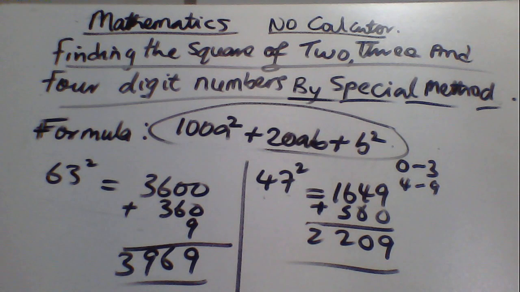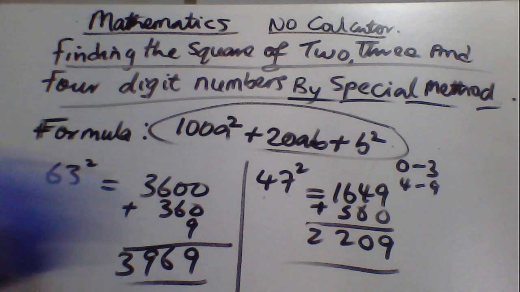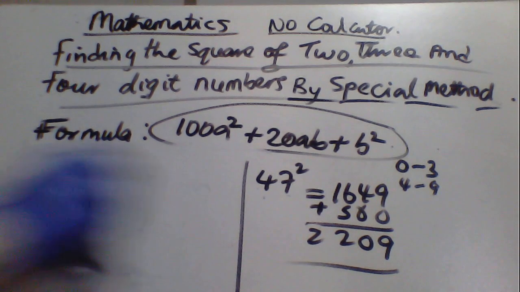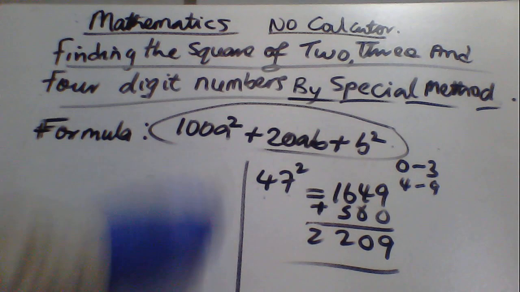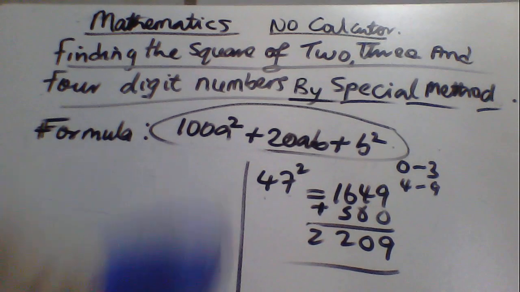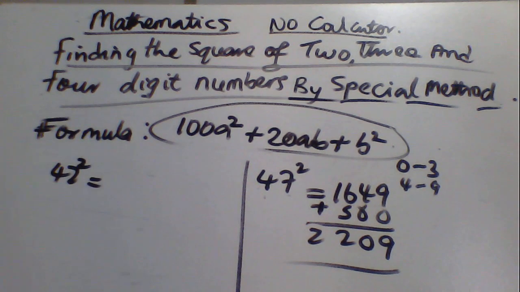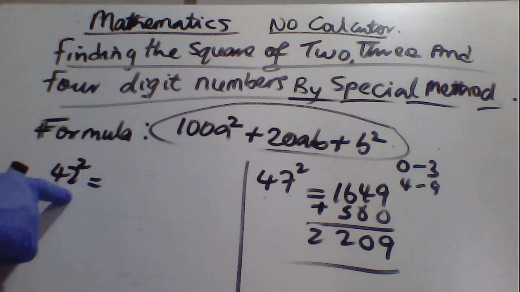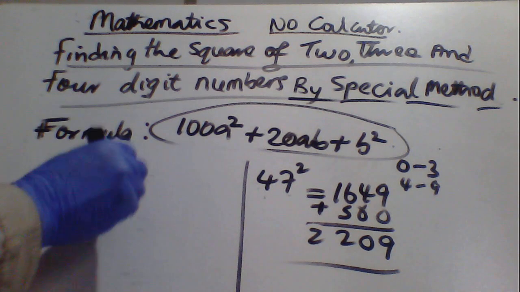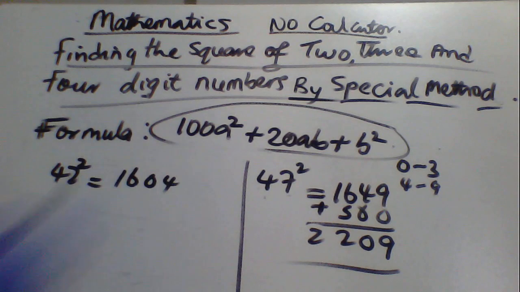See how easy it is? Now see the secret here. For you to understand, you can use only 2 rows instead of 3. So what about 42 squared? Square this first one, is it not 1,600? Square the second one, which is 4, add it immediately to get 1,604.